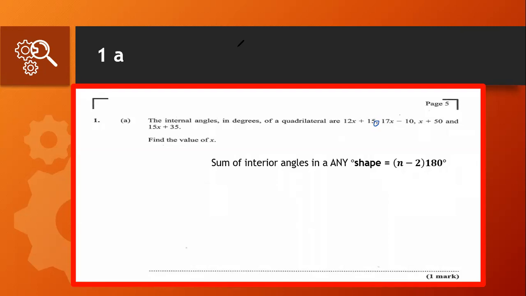Again, 4 angles, and it's a quadrilateral, which is a 4-sided figure. So n is going to be 4. So what I'm going to do now, the next line, I'm going to add up all the angles because the word sum means to add. This word here, sum, means to add up all the interior angles. I'm going to put it equal to n minus 2 into 180. But in this case, the n will be 4. So let's see what it looks like.